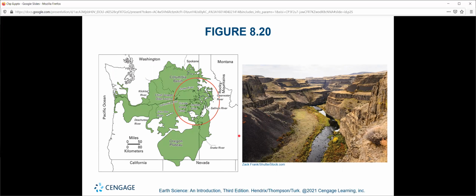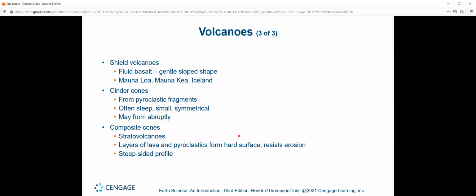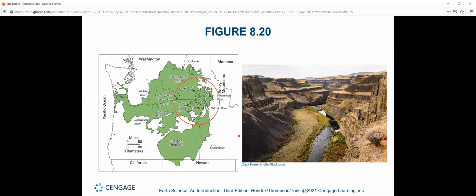Right here, we can look at an example of some of these in development. We are looking at, I don't know, the Snake River in Washington, south of Spokane. This is a canyon. And what we have here is, right, that is a lot of igneous material. How did the igneous material get there?